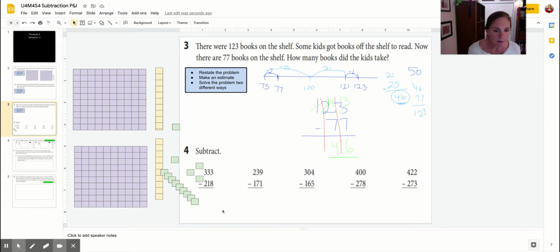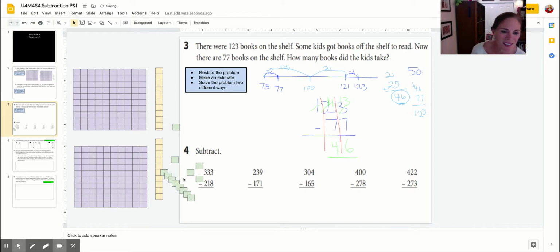And we need to take 7 away. So let's do 1. Can I do this? 2? No. I don't like how this is looking. This is an extra one. All right, so let's take away 7. 1, 2, 3, 4, 5, 6.